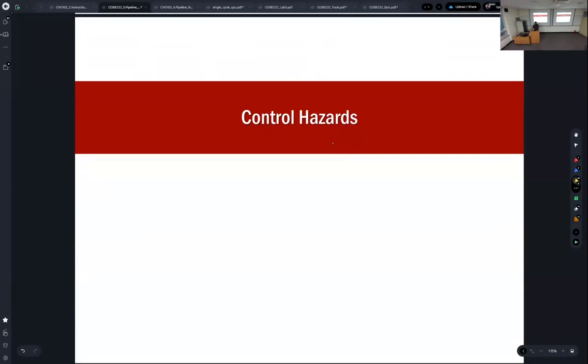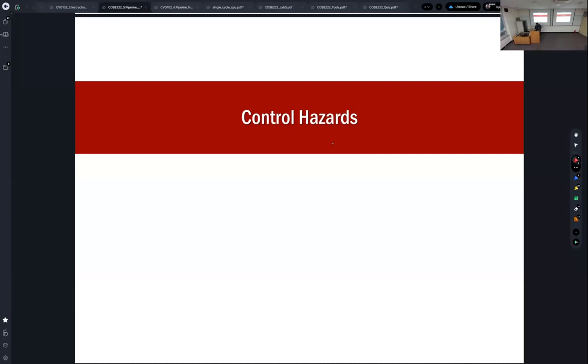Now I will explain the control hazard. What is the control hazard? Clock cycles are wasted because of control instructions, and the control instructions include branch instructions, jump instructions, and exception handling.